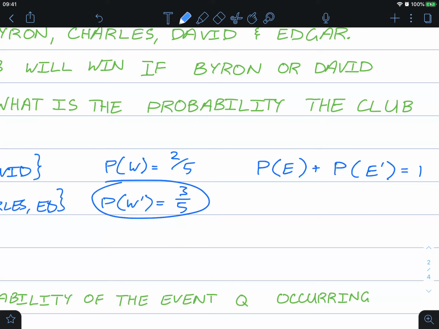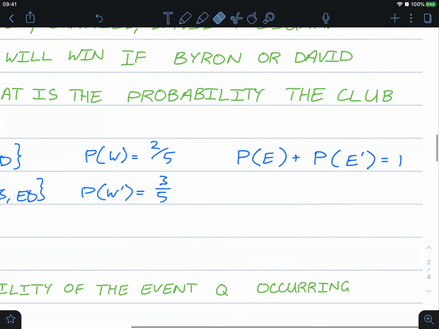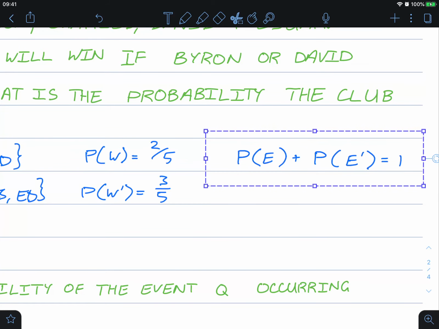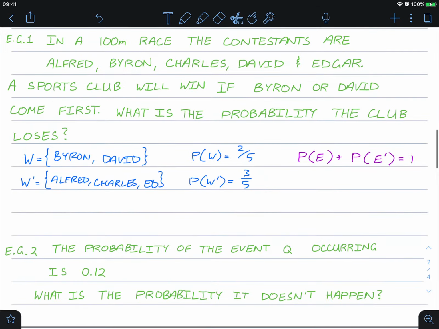The probability of losing is 3 out of 5. If we add these two, 2 out of 5 plus 3 out of 5, we get a total of 1, which is 5 out of 5. I'll make this one purple because it's a very important thing that we use pretty frequently at this level.